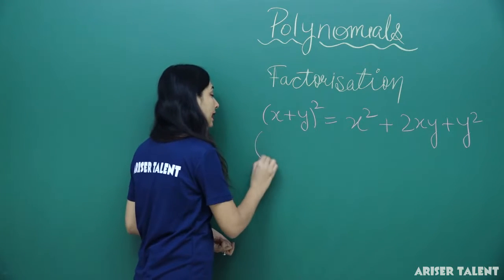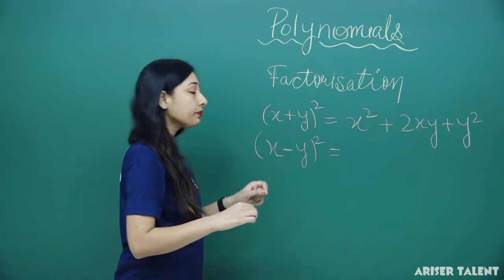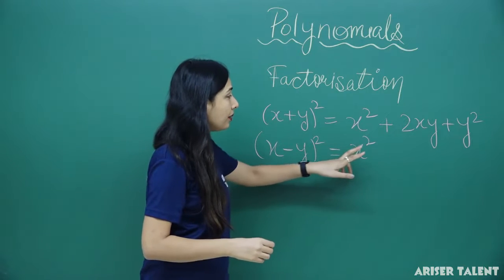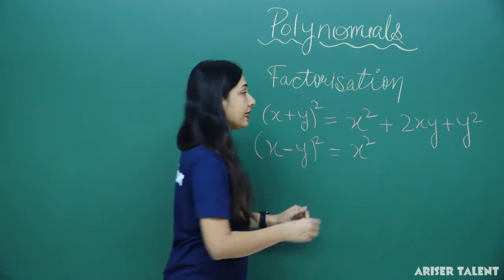Now the second one is (x minus y) whole square, and for that, you have to do nothing but just put a minus sign in the place of the plus sign.